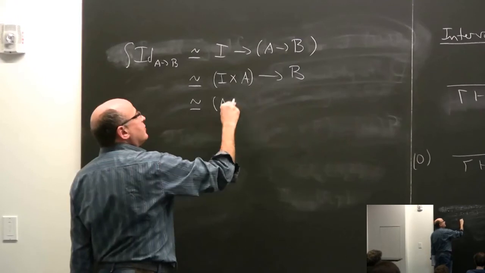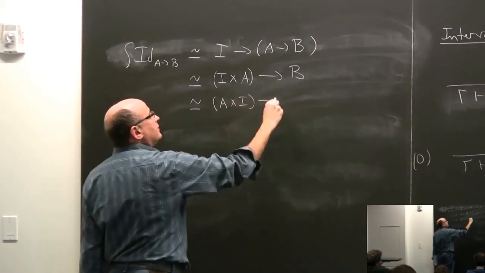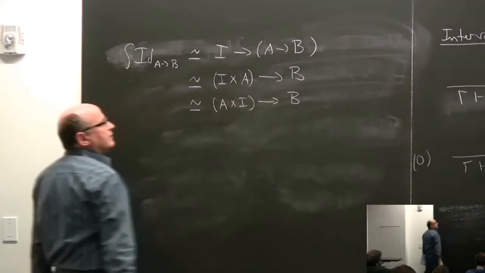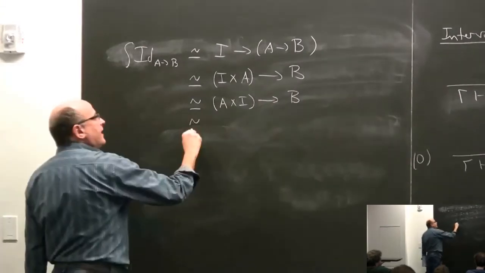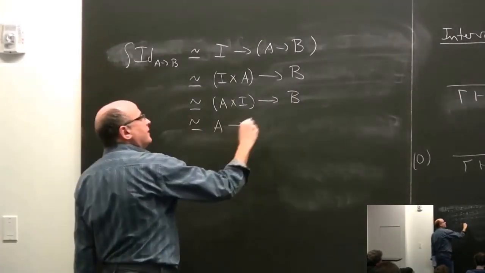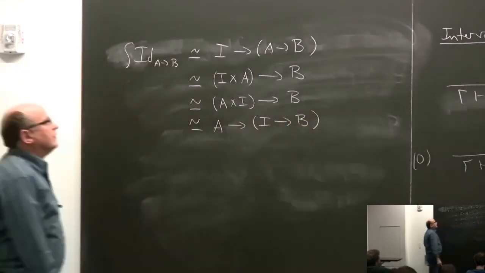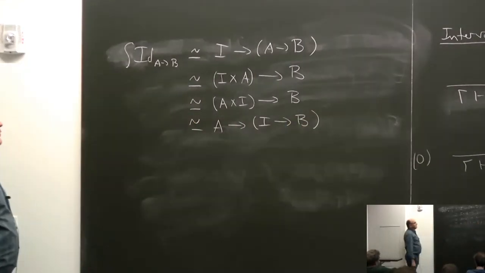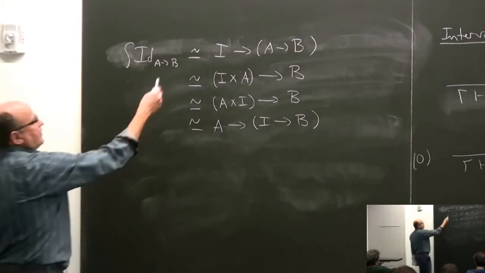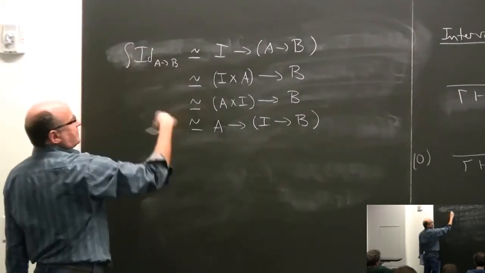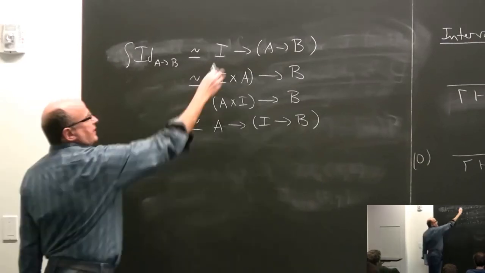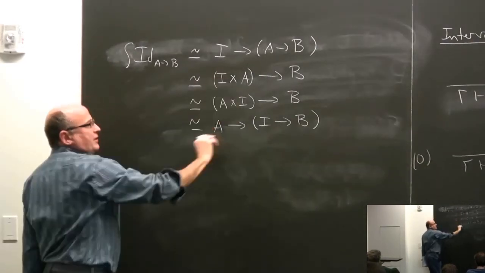So this is A cross I arrow B, and now I can curry that and I get A arrow I arrow B again, which is a significant thing. In fact, the only reason I brought this up is because it has some bearing on something I'm going to say in a minute. But really, this is the relevant point.